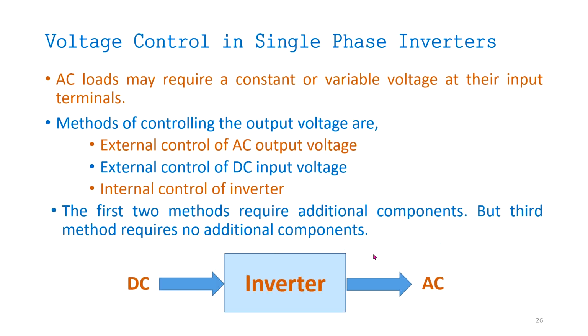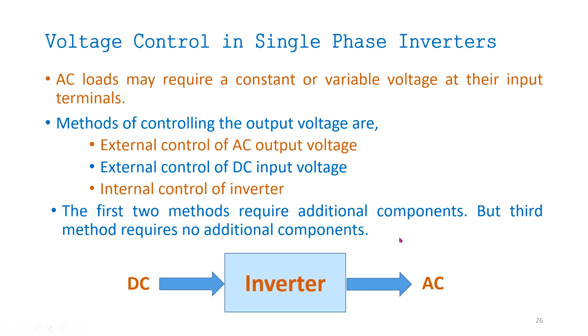The first two methods require additional components. Of course, when you are going to control the output by this DC, surely you need a feedback path, and for that you need certain circuits which will compare the variation in the alternating output voltage and feed it back to the DC, and it will adjust its input.